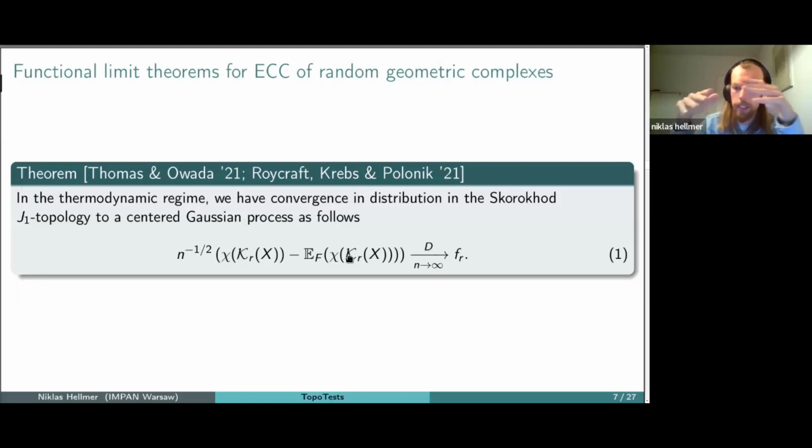But the thing is that all these normal distributions play nicely together and arrange in form of a Gaussian process. And now we're in good shape because Gaussian processes are a classical field in probability theory. And so we can leverage some tools that already exist, right?